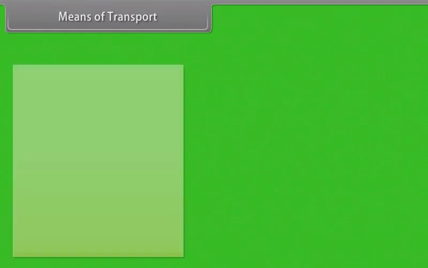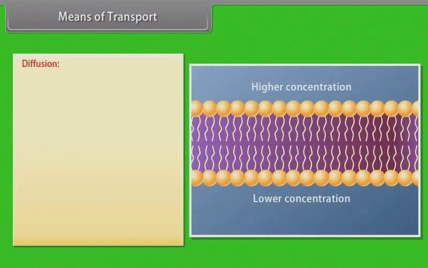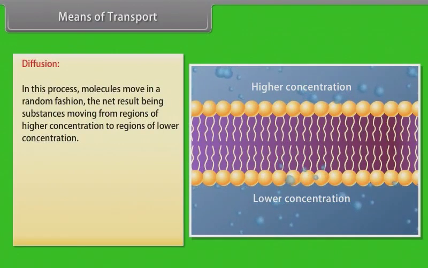Means of transport. Let us start with the diffusion process. Diffusion is a slow process and is not dependent on a living system. In diffusion, molecules move in a random fashion, the net result being substances moving from regions of higher concentration to regions of lower concentration.